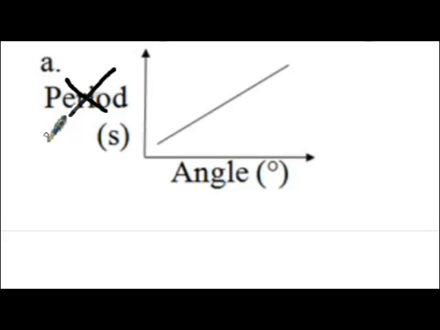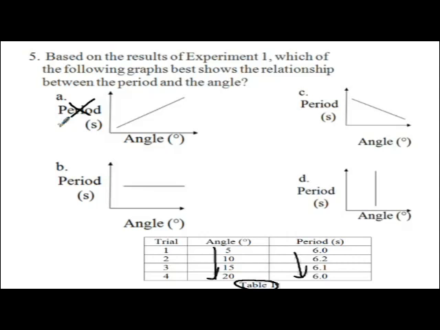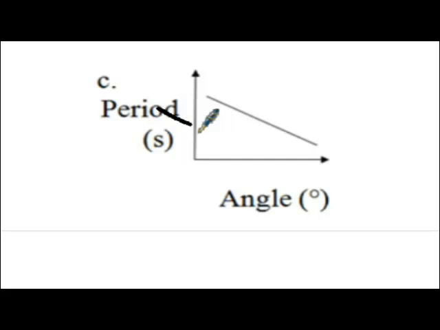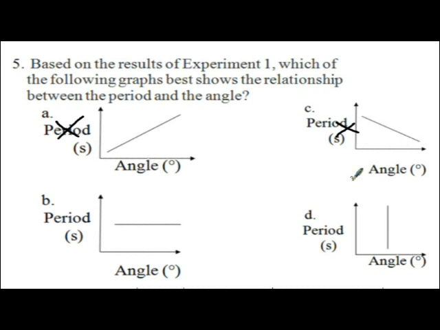So right away, let's go ahead. Letter A can be ruled out because notice how the period is increasing as the angle is increasing. Letter C can also be ruled out because the period's decreasing as the angle is increasing. So now we're down to B and D. Letter B, think about what's happening in the period.